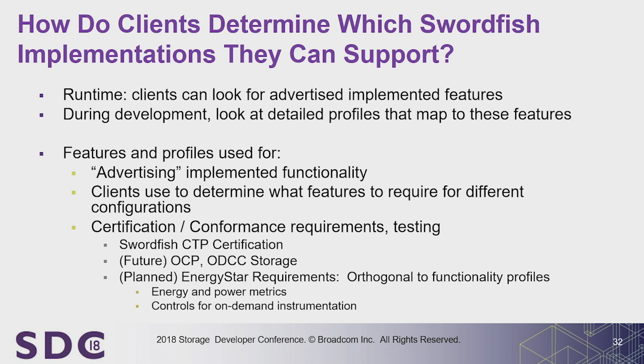So at runtime, clients can look for what we call advertised implemented features, right? This is a feature that this implementation is actually supporting. And in development, you can look at the detailed profiles that say, what does that mean? A really simple example is, I support discovery.